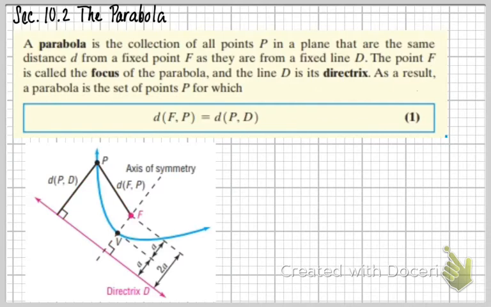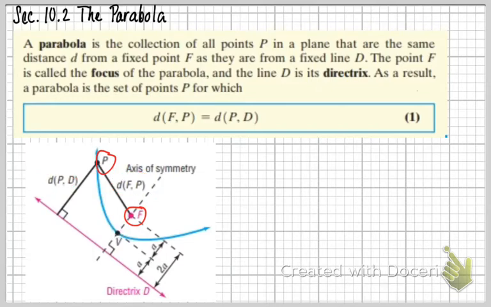Now there are definitely some other things to consider here, a lot more information. Essentially, we just talked about PF, d(F,P), d(P,D), and the vertex. So how do I find my vertex?